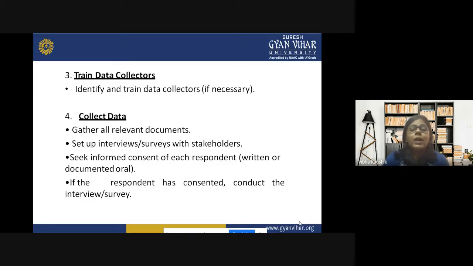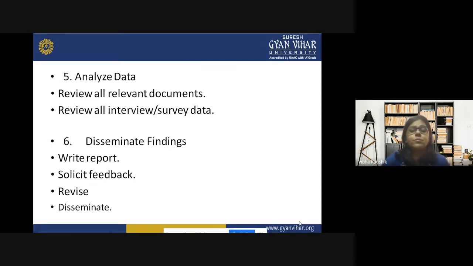If the respondent has consented, conduct the interview or survey. If the respondent has given you consent, then you can start with your interview and survey. The fifth step is to analyze data. You have to review all the relevant documents and review all interview and survey data.